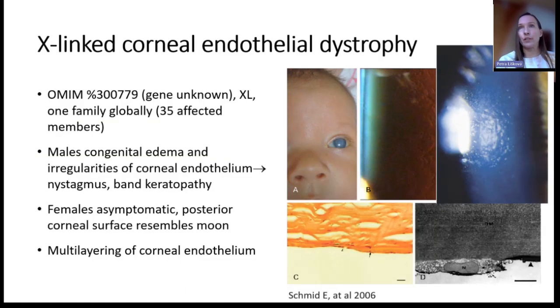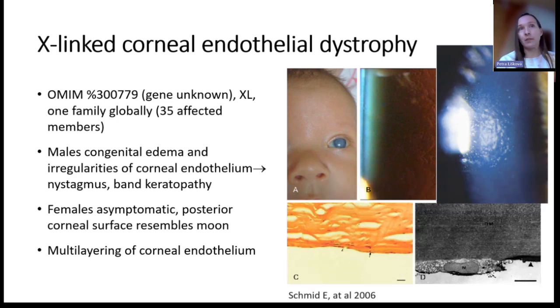The last condition is X-linked corneal endothelial dystrophy. Although the gene has not been identified yet, and there is only one family, the family had 35 affected members, so it's pretty convincing that the disease exists.